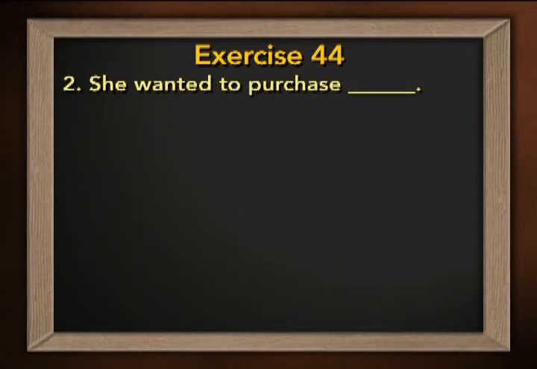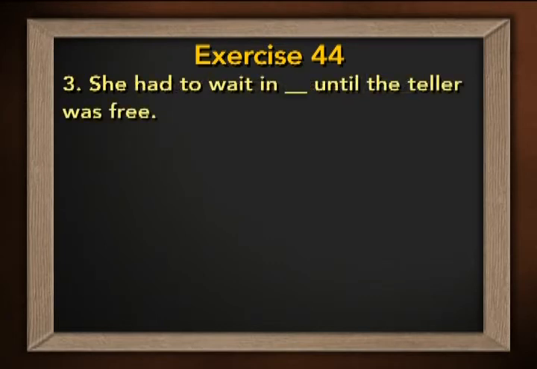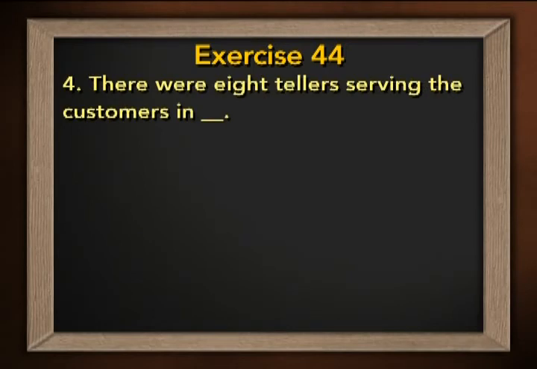Second sentence, she wanted to purchase blank, and she wanted to purchase them, you wrote. Next, she had to wait in line until the teller was free. Good. Four, there were 8 tellers serving the customers in it, the bank, right?